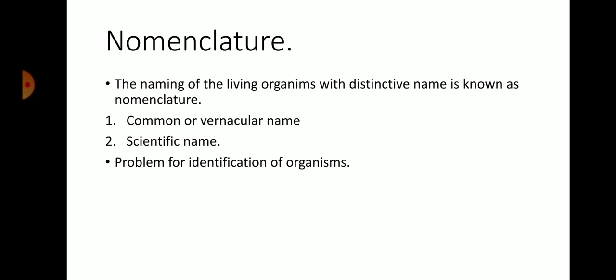This sparrow has different names in different countries, but it is the same bird we talked about; they just have different names in their local areas. So scientists have to give a scientific name so that it is universal, with stability and uniqueness, and can be identified for classification. Common names create a problem for identification of organisms, but scientific names help taxonomists identify them.